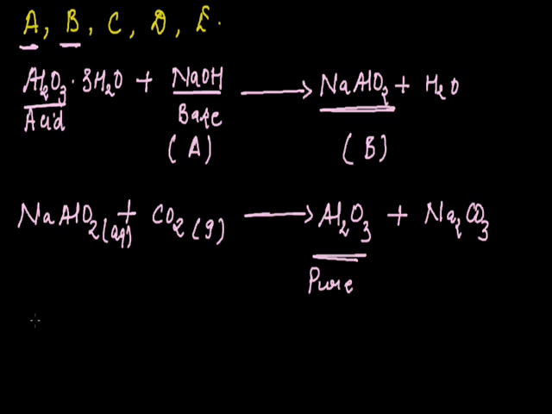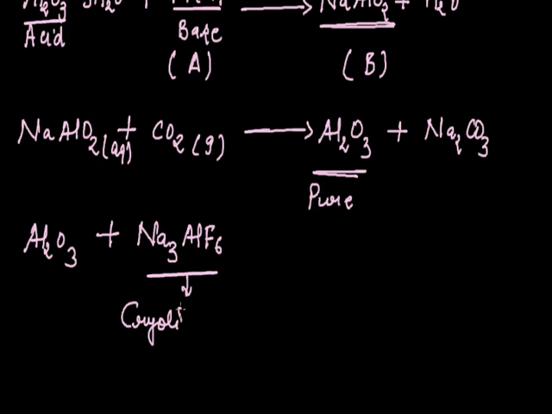When this pure alumina is mixed with D, as the melting point of alumina is very high, it will be mixed with cryolite, that is Na3AlF6, so as to lower its temperature, and it melts at 1000°C. The use of Na3AlF6, that is cryolite, is to lower down its melting temperature.